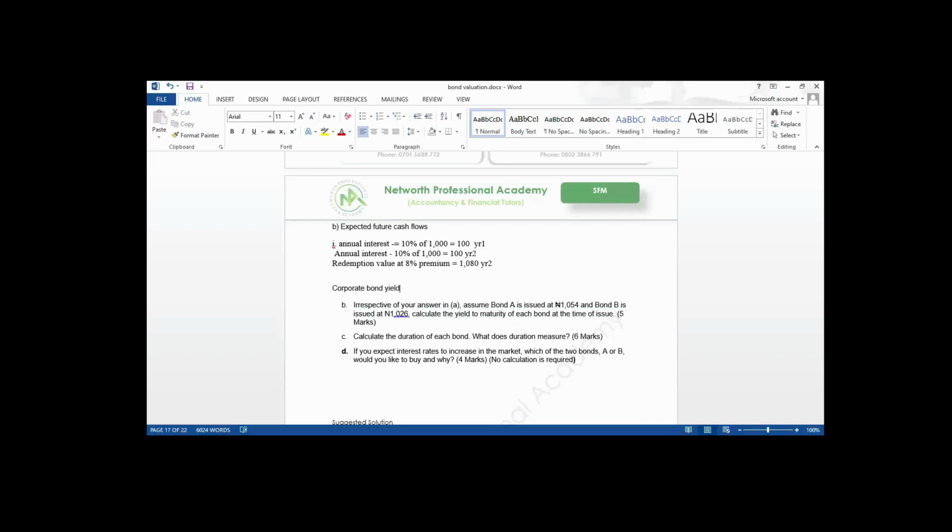Because I require this corporate bond yield curve to discount the expected future cash flows to their present value.